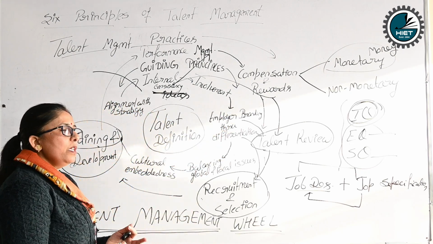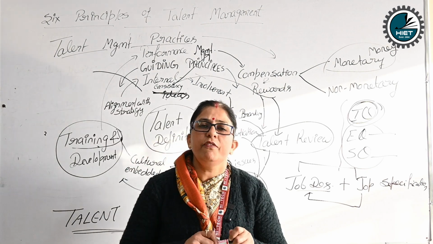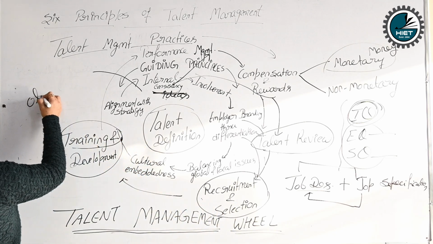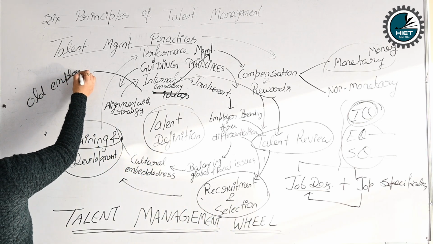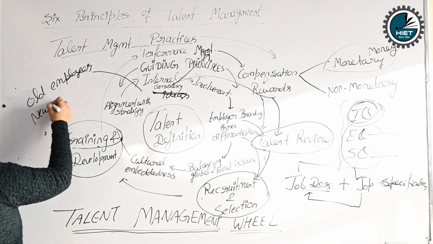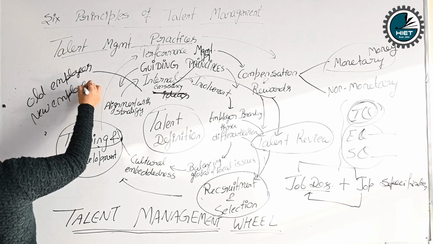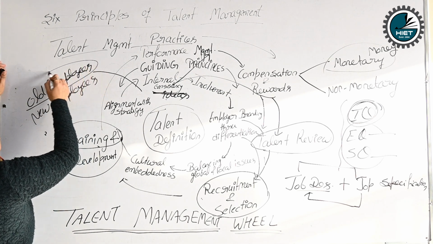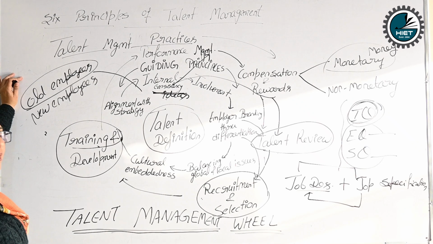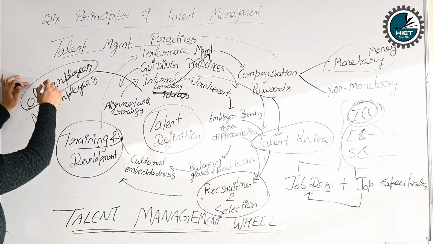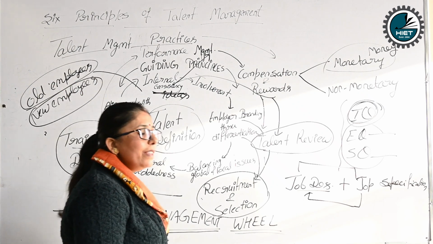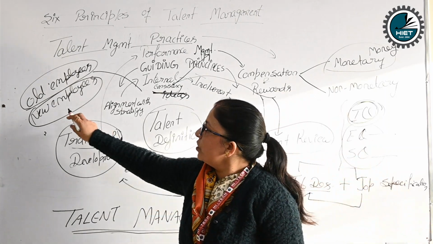For this, sometimes it happens that employees have questions in their mind. Old employees and new employees. Sometimes these old employees, although they have good experience and good knowledge, feel they are getting a lesser amount than these new employees.